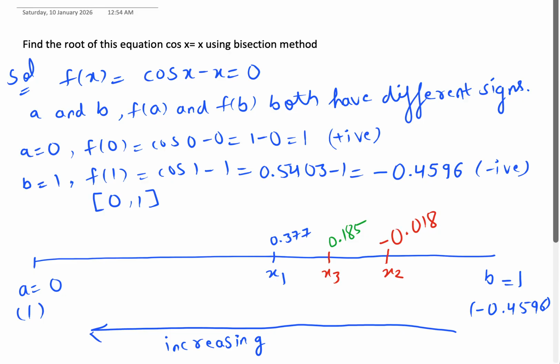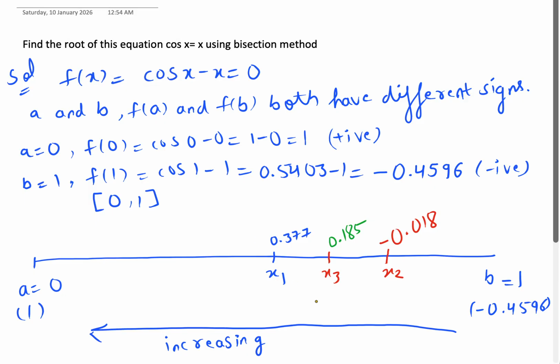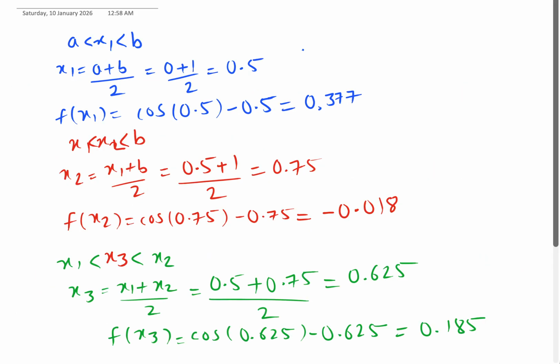So for the fourth approximation root, this will be our x4 here. Let's calculate it between x2 and x3. x4 will be between x2 and x3. So x4 is equal to (x2 plus x3) upon 2.